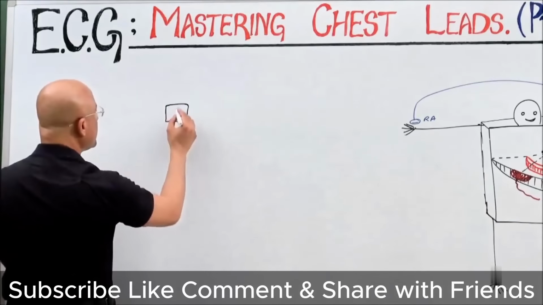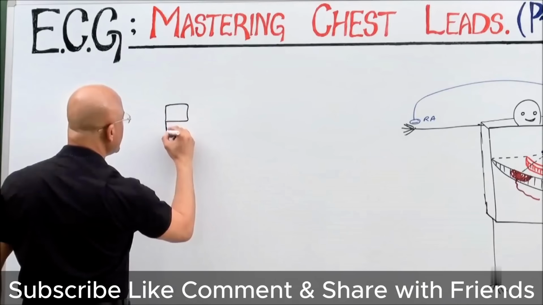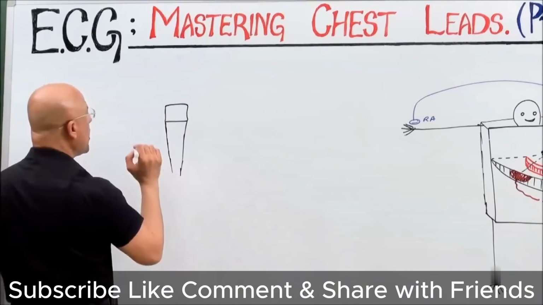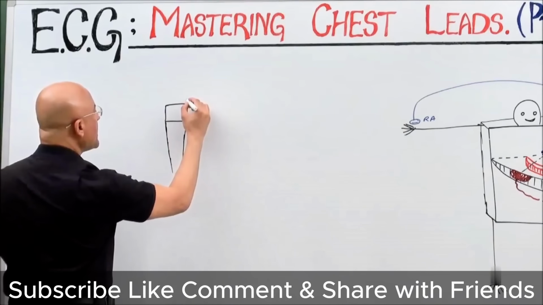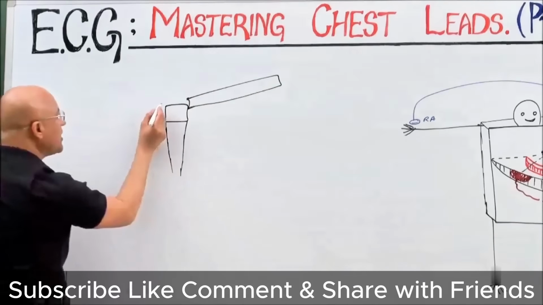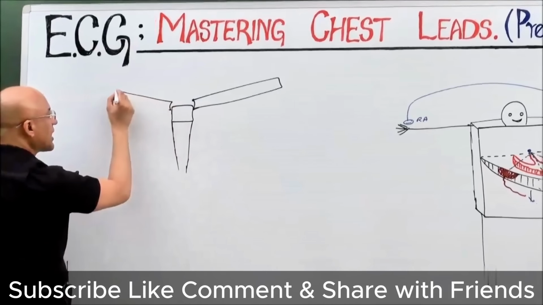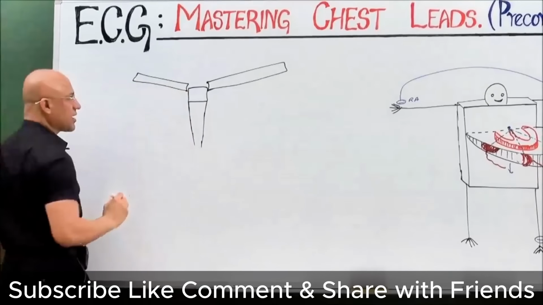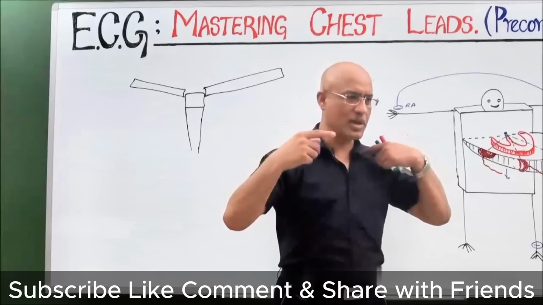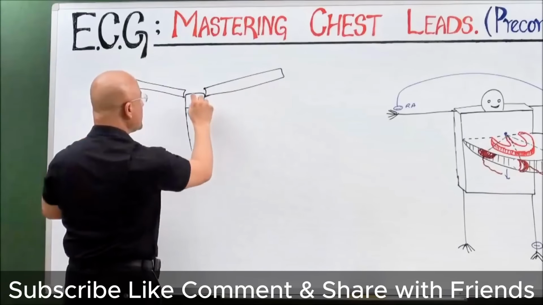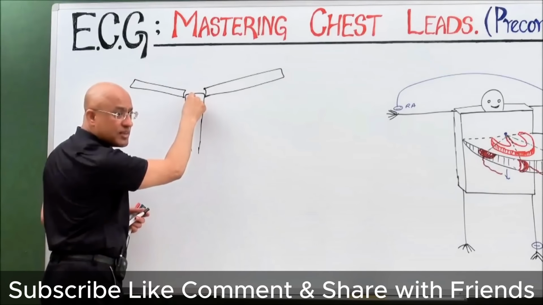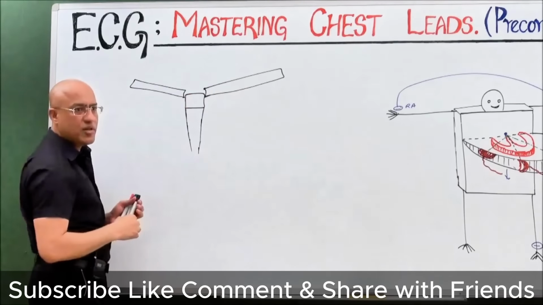And what is this bone here? Clavicle. Good. It's a very simple diagram. These are the right clavicle and of course the left clavicle. This is the manubrium sterni, and here is the body.